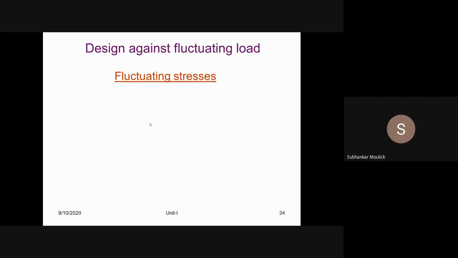So if a designer designs that machine component for fluctuating load against fluctuating stresses, definitely that component will be safe for static load and static stresses also. Is the term clear to all of you? Yes. Okay, so now let us define what are these things.